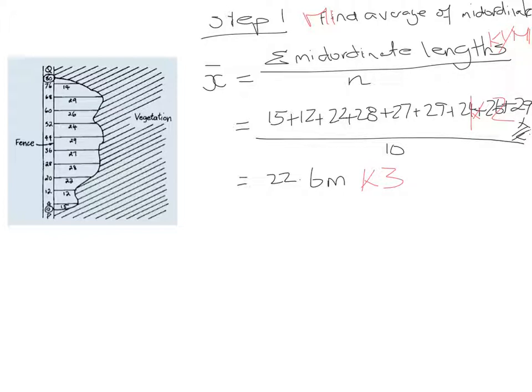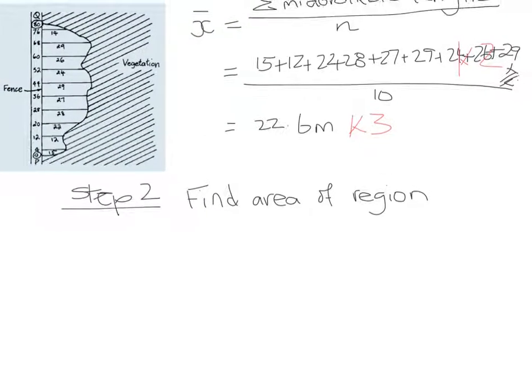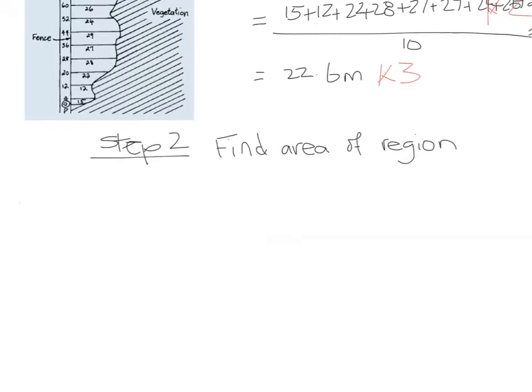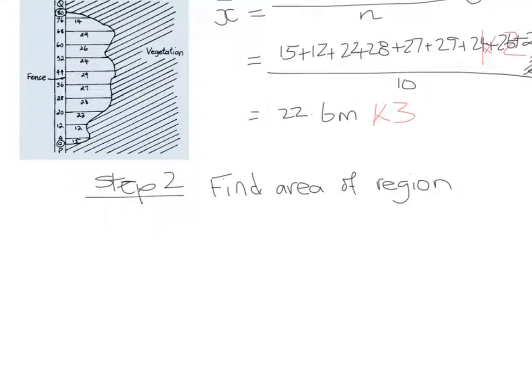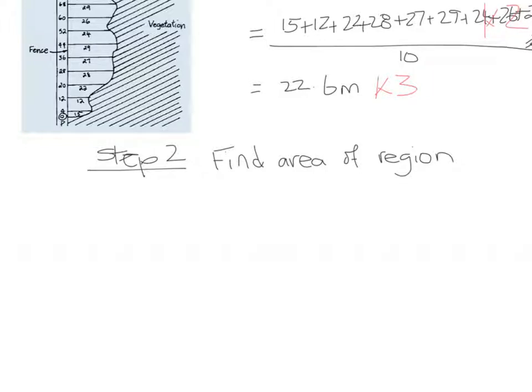Okay, so my next step, step 2, is to then find the area of the region. Again, I'm just going to state my purpose. I'm just going to move this up so that we have enough room. Okay.